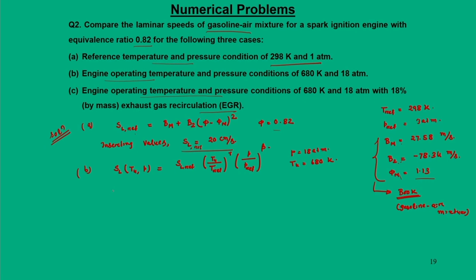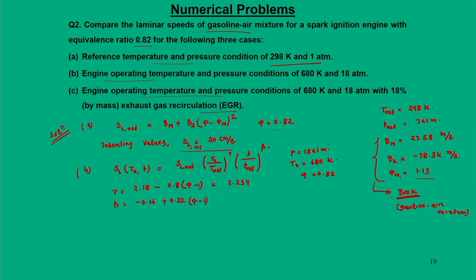Exponent gamma is 2.18 minus 0.8 into phi minus 1. So, phi is 0.82. So, this gives gamma value as 2.234 and beta is equal to minus 0.16 plus 0.22 into phi minus 1, that gives beta value as minus 0.1996. These correlations you have to use.